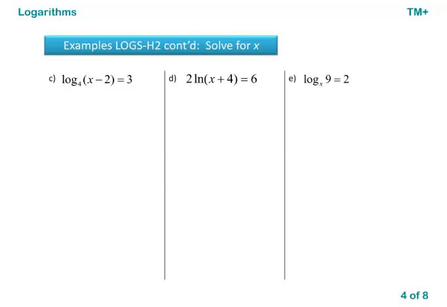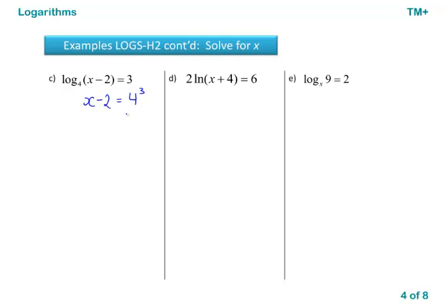Let's look at some more. In this one here, I actually have a log, it's not an exponential. So log base 4 of x take 2 equals 3. When you're starting with a log, if I go the other way and rewrite it as an exponential, I get x take 2 equals 4 to the power of 3.